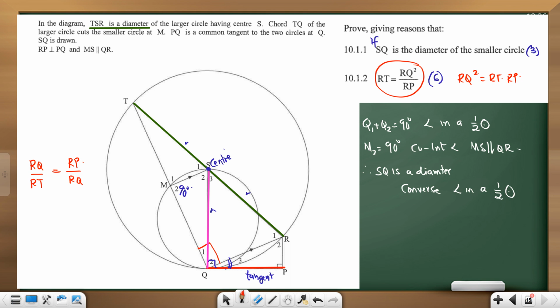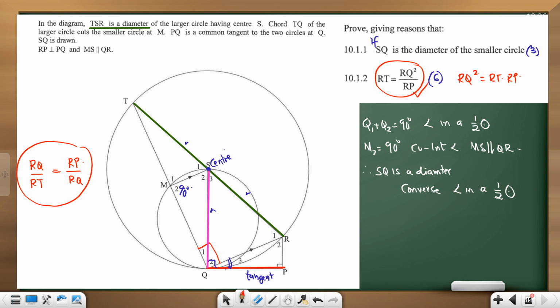Unmute yourself quickly. Unmute yourself. So I'm confused. Where are you confused? Talk to me quickly. When you have RQ over RT equals to RP over RQ, do you notice if you cross multiply this, you're going to get that back?